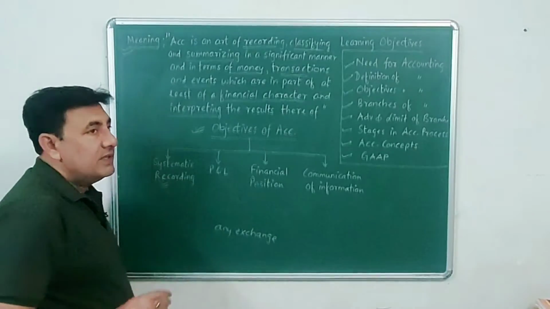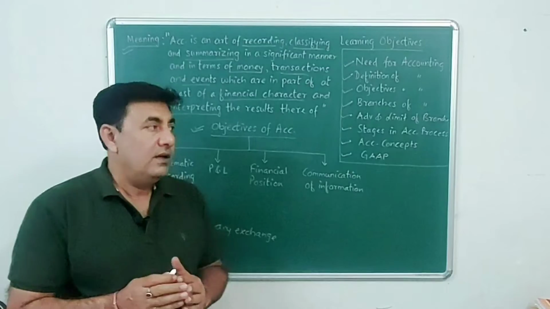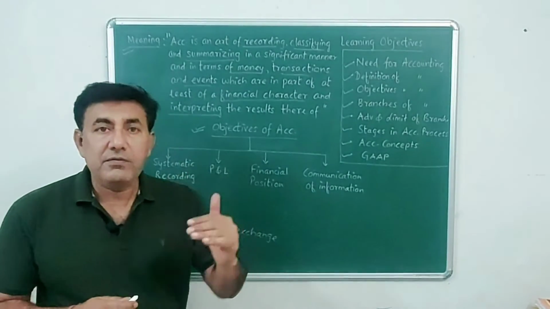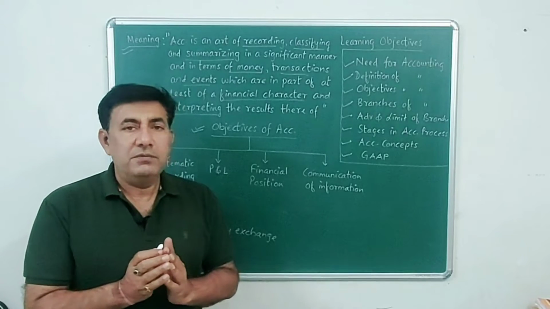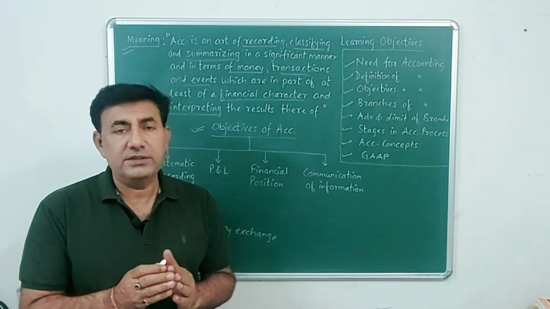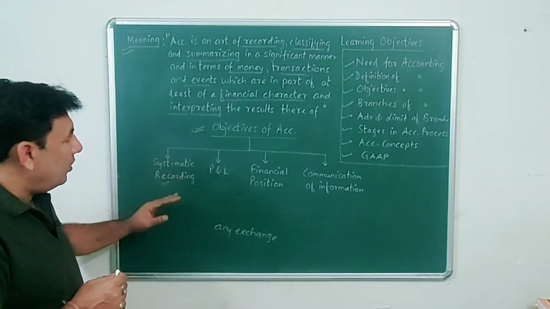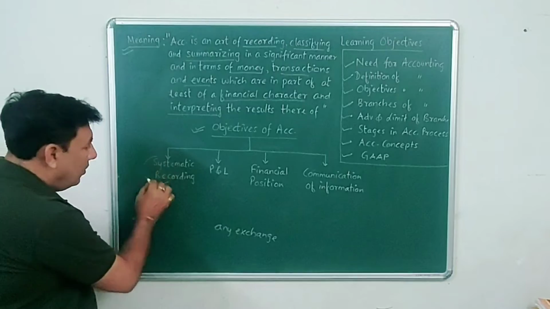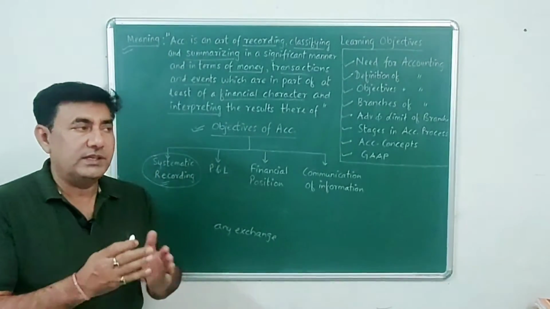Whenever a transaction occurs, that has to be recorded date-wise. In simple words, we say journalizing, because we record these transactions in the journal book. So the first important objective of accounting is to record the transactions systematically, date-wise, chronologically.